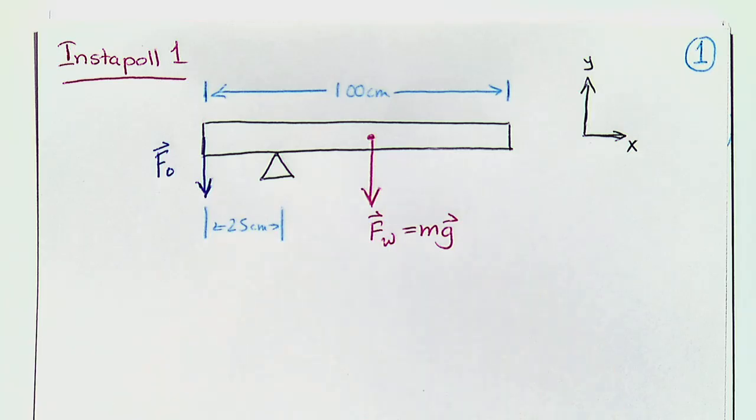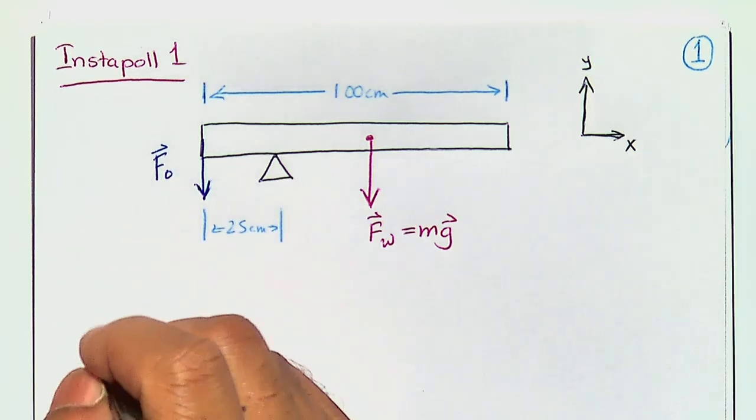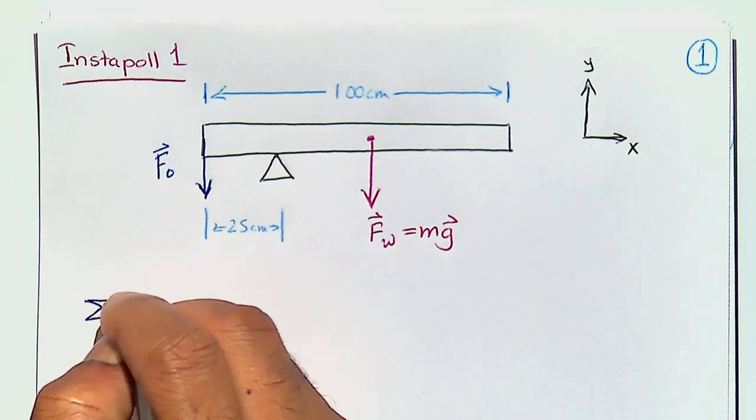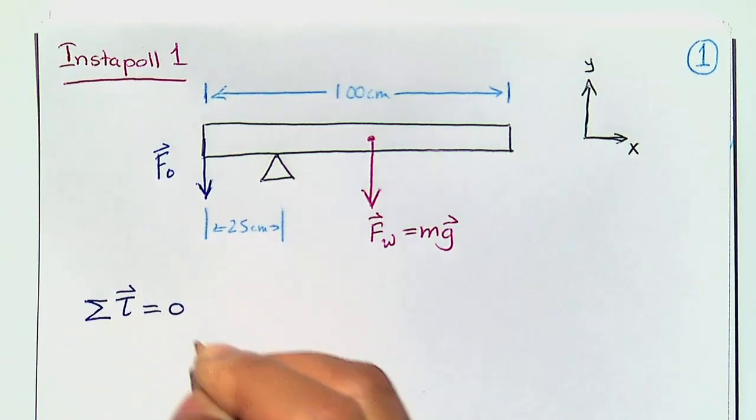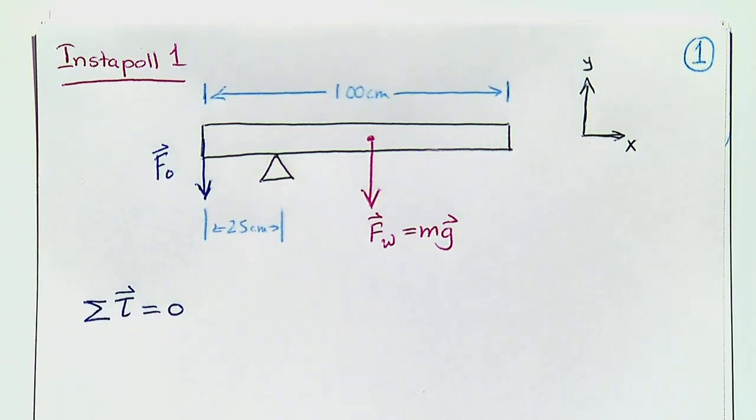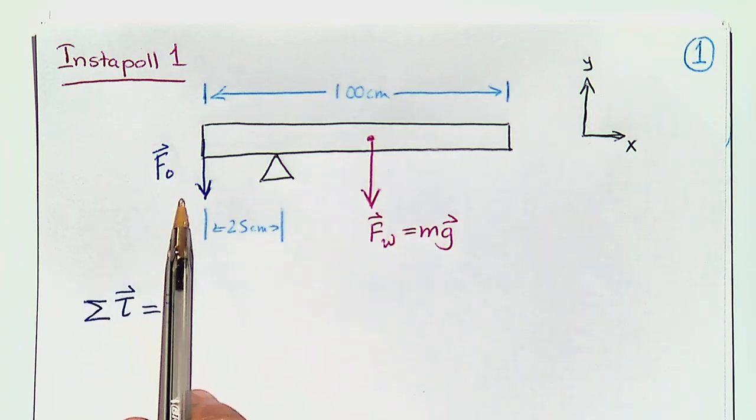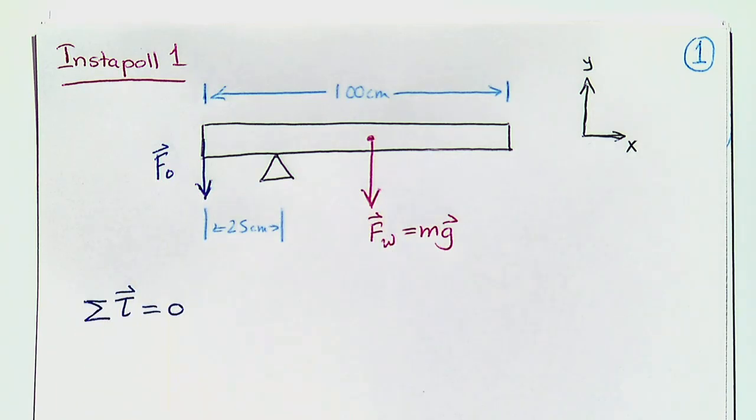So here, let's apply the sum of the torques equal to 0. Unlike forces, where all you have to do is pay attention to the directions, this is in the negative y direction, this is in the negative y direction, and that's all it is. So you put it down in the equation.